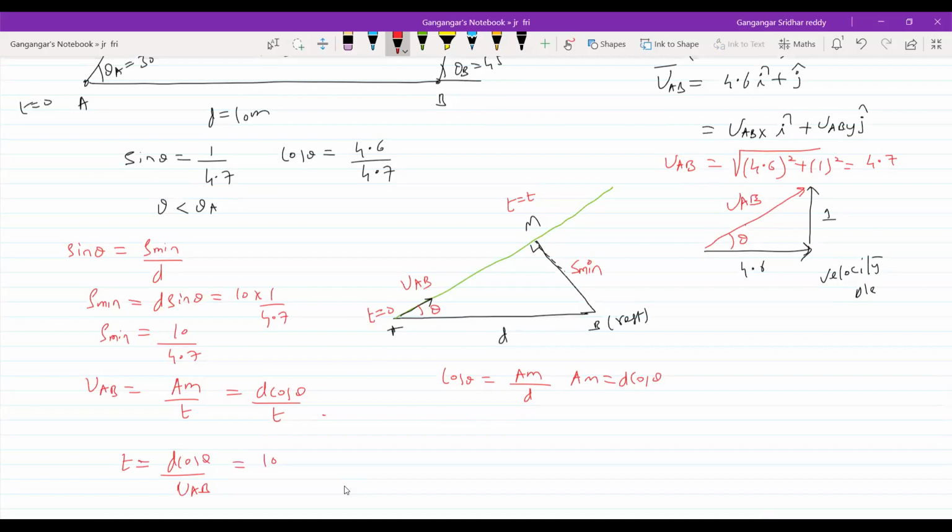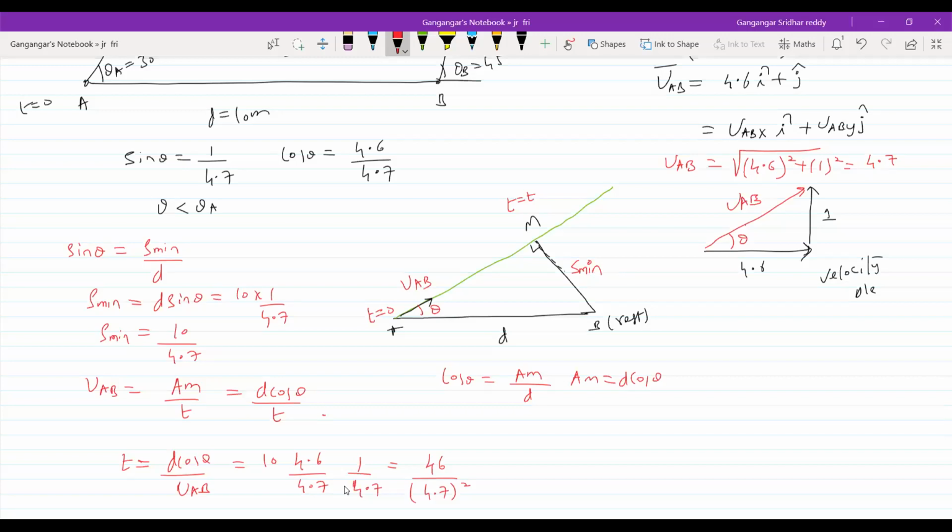D is 10, cos theta is 4.6 by 4.7, U_AB is 4.7, so 46 by 4.7 whole squared. That will be the time.